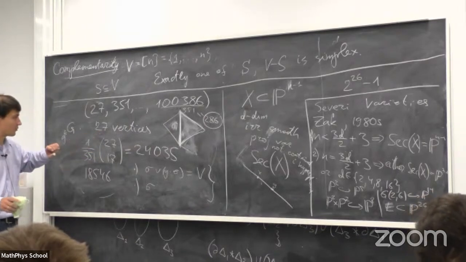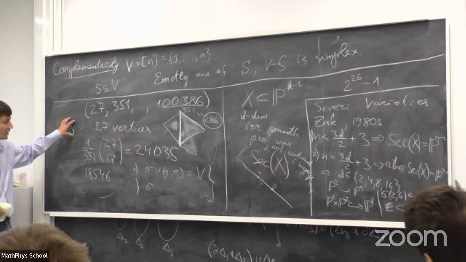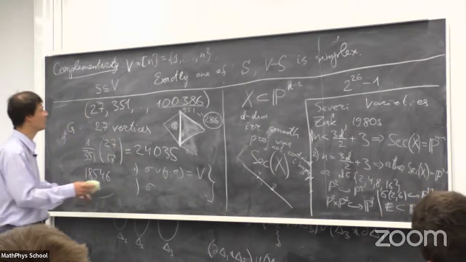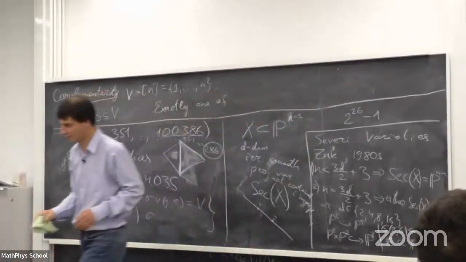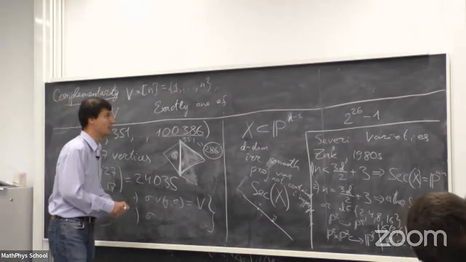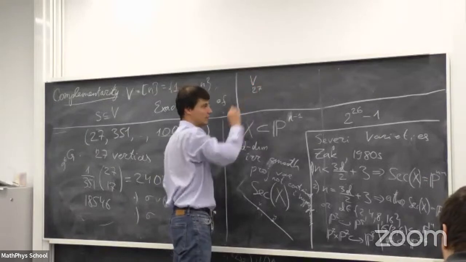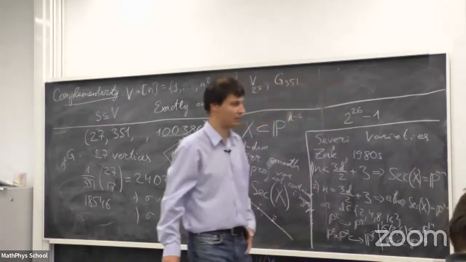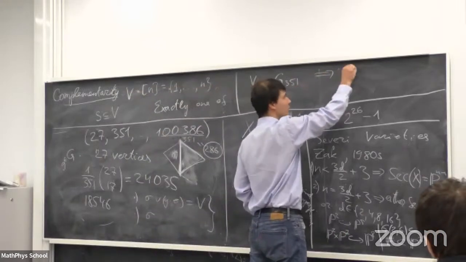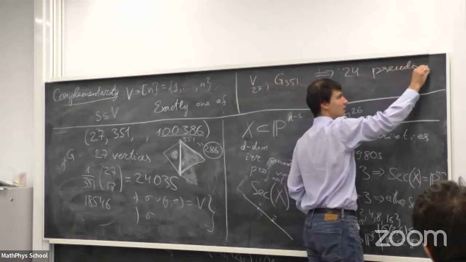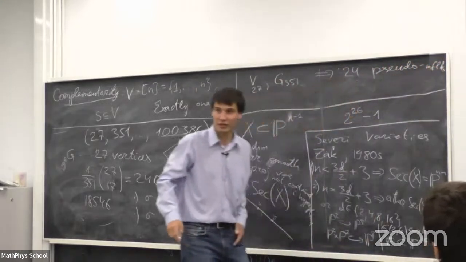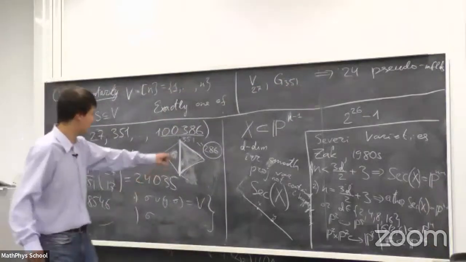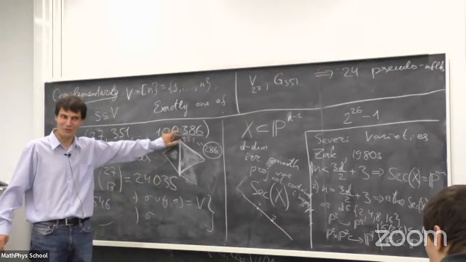So if this algorithm is implemented for this particular group, then the result is that it produces 24 candidates. It produces 24 pseudo-manifolds. So for this set of 27 elements, and for this particular group of order 351, there are exactly 24 pseudo-manifolds which satisfy complementarity, are invariant under this group, and have the correct number of maximal simplices.